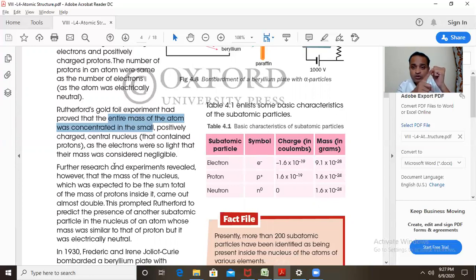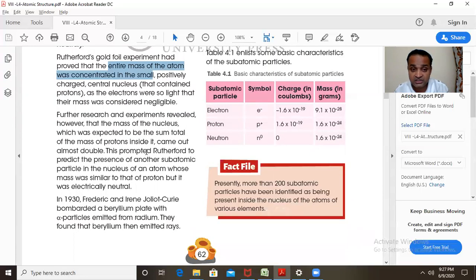Why? Protons have positive charge. We are bombarding something, and these positively charged particles are deflected. That means protons are present. Neutrons are also present with a mass same as that of protons, but they do not have any charge. And this proved the presence of neutrons.